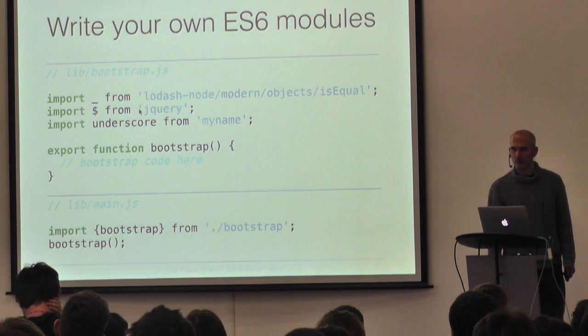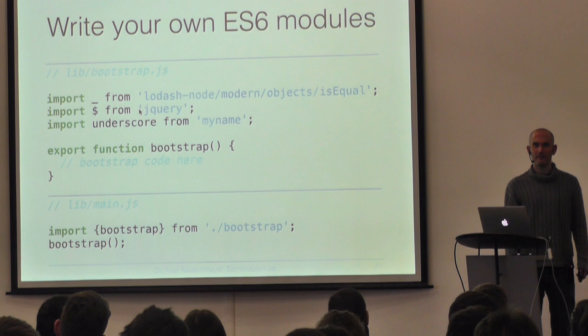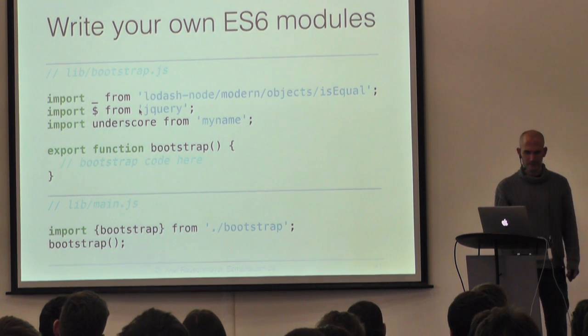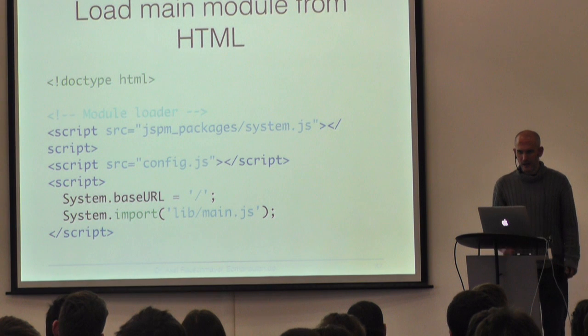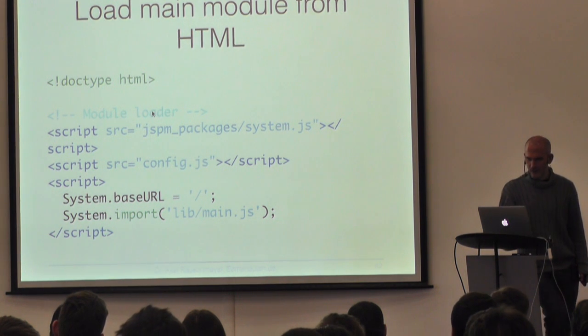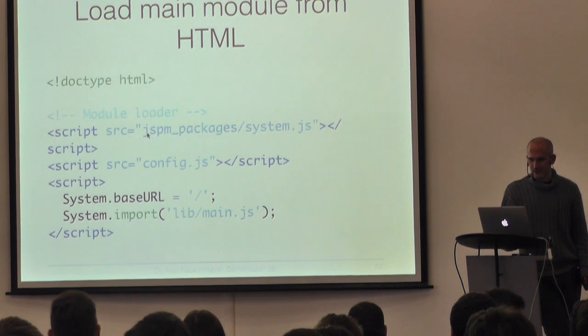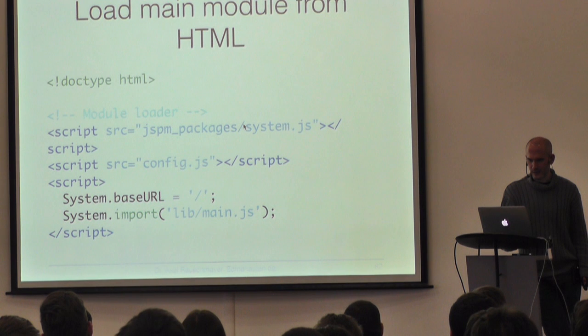And that is just nice, like importing jQuery like this and having installed jQuery in a nice, convenient fashion beforehand. And then all that remains to be done is first you include via a script tag the module loader, then you include the config file, and this is how you start everything up.